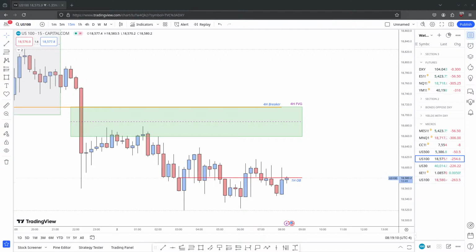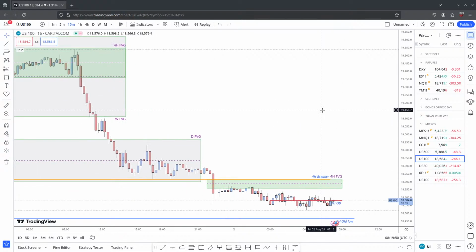So we got the NAS possibly moving in tandem with dollar for this week. And that is something that I'm seeing this morning as well, where we could potentially still have dollar move along with the NAS.